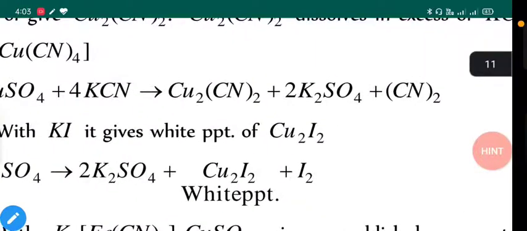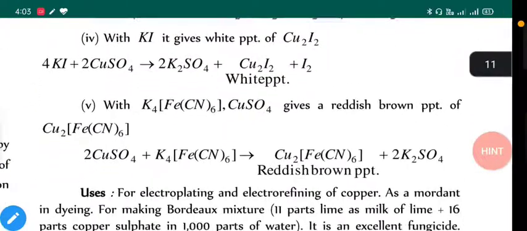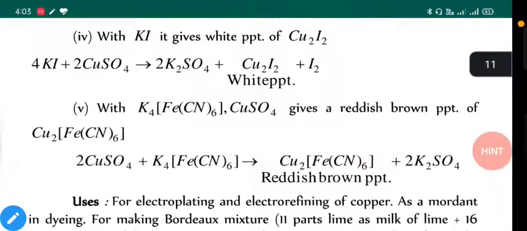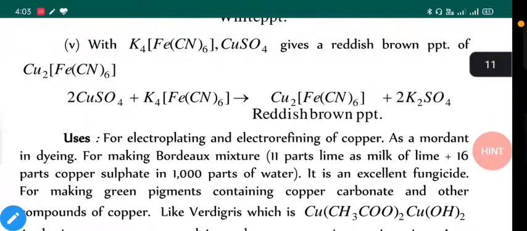With KI, it gives white precipitates of Cu2I2, and the reaction is mentioned. And next, again one more complex of Fe with CuSO4. With K4[Fe(CN)6], which is the complex compound of iron, CuSO4 gives a reddish brown precipitate of Cu2[Fe(CN)6]. So K will be replaced by copper.